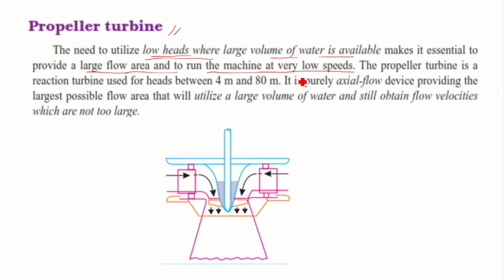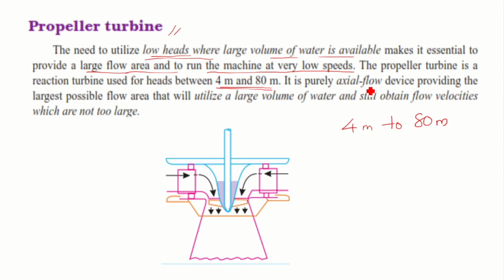The propeller turbine is a reaction turbine used for heads between 4 meters and 80 meters. Normally 4 to 80 meters is the working range of head for axial flow turbines.